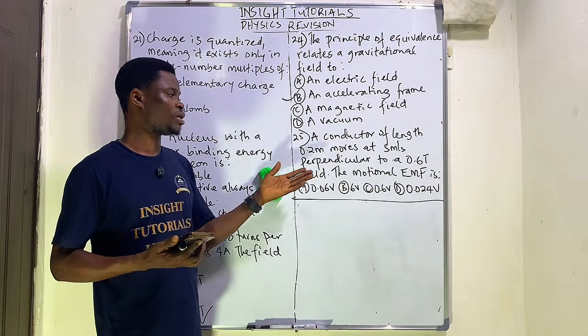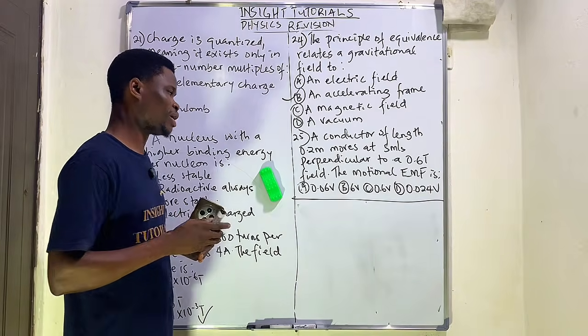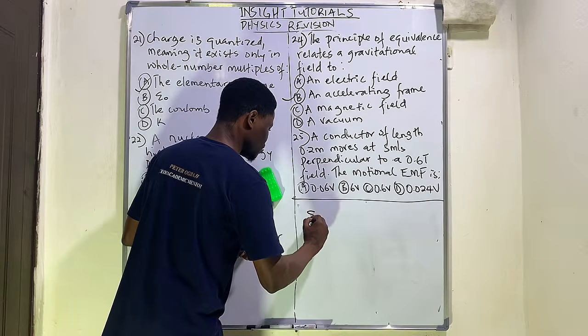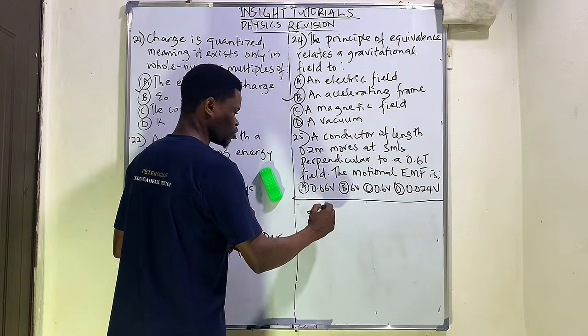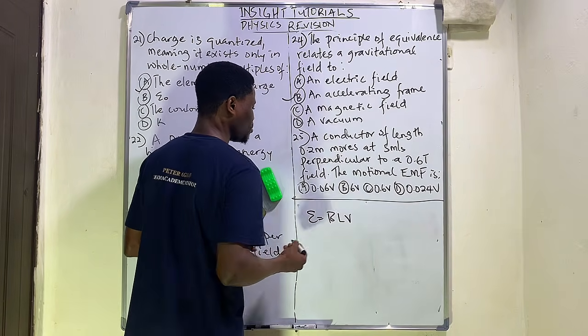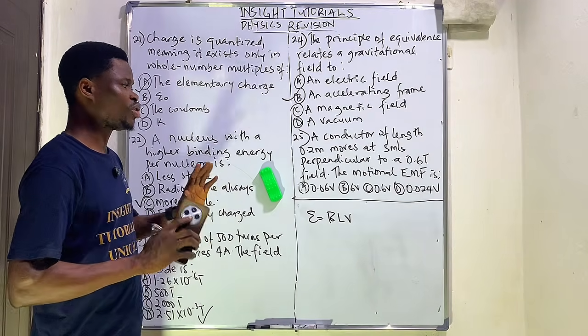In respect to the motional EMF of a conductor moving perpendicular to the magnetic field, the motional electromotive force is equal to the magnetic field times the length times the velocity of that movement. So you need to know these formulas.